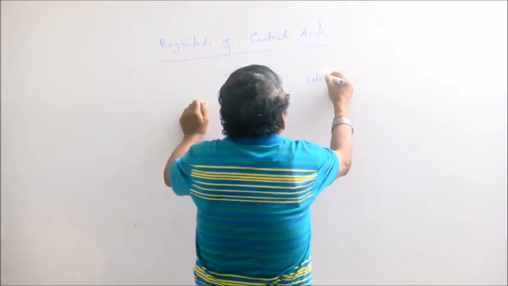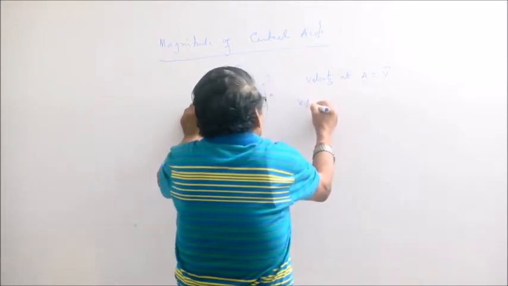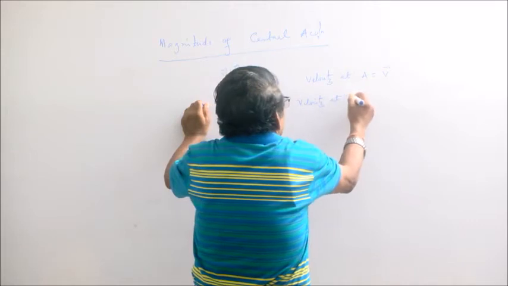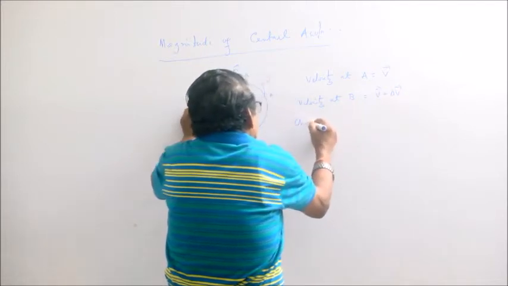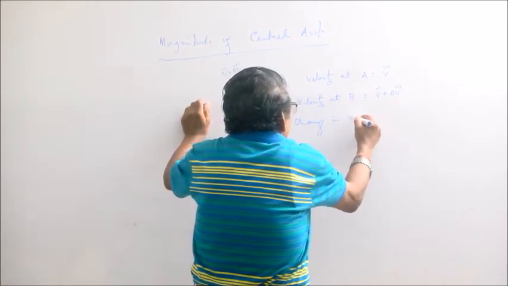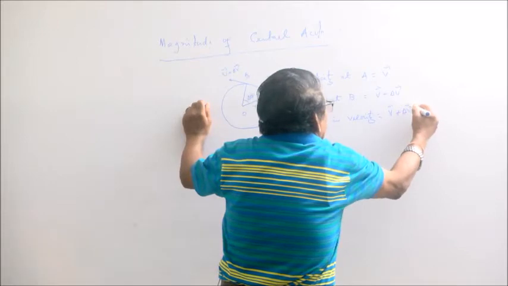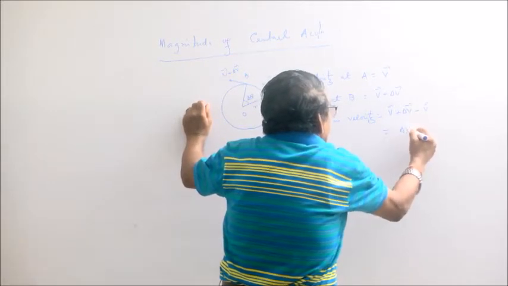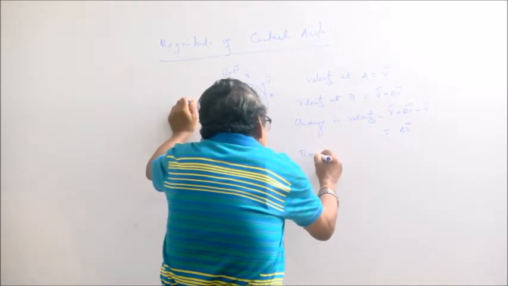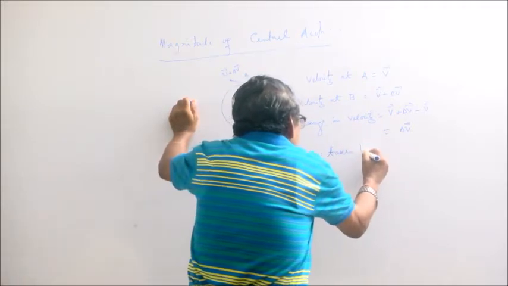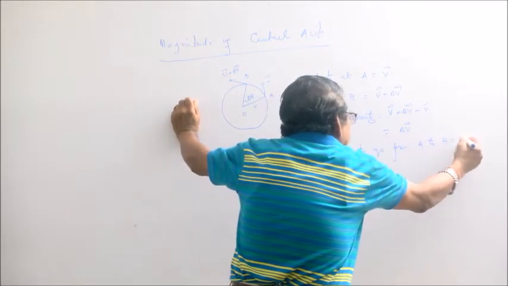Velocity at A is equal to V. Velocity at B is equal to V plus delta V. So, the change in velocity is V plus delta V minus V, that is delta V. As the body goes from A to B, the change in velocity is delta V. The time taken to go from A to B is, suppose, delta t.